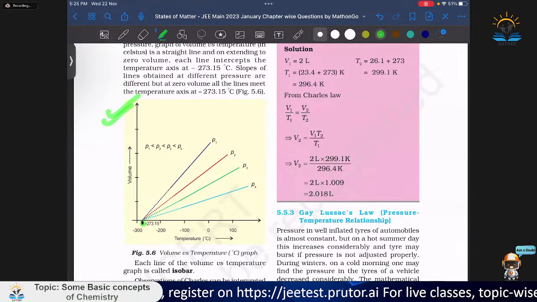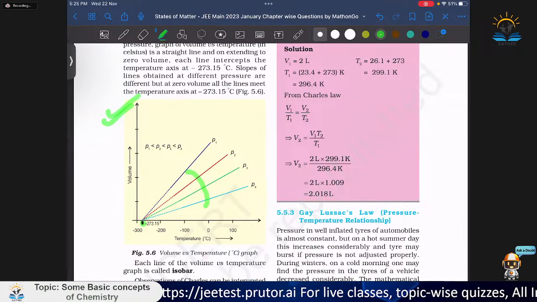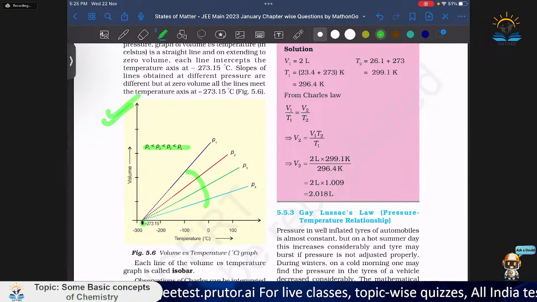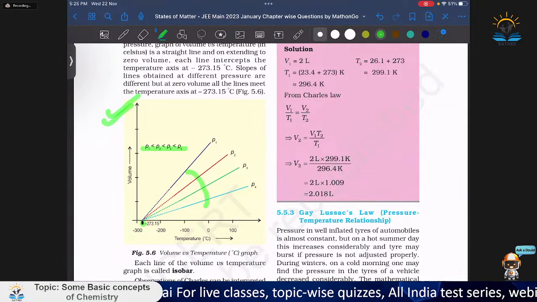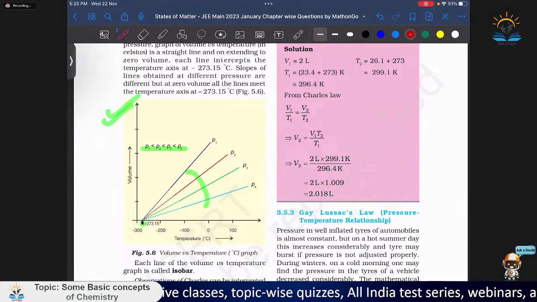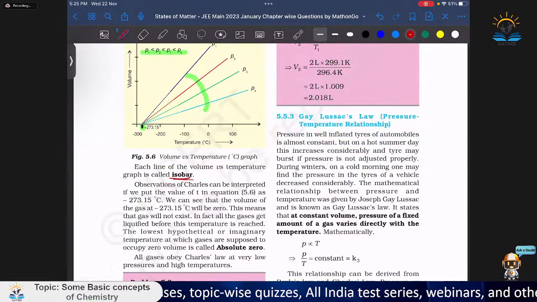Other than that, we can draw straight lines with the slope directly proportional to the pressures. I'm sorry, the slope will be inversely proportional to the pressures. We will learn later why. Each of these volume curves is called an isobar.